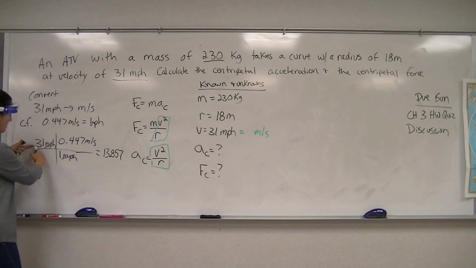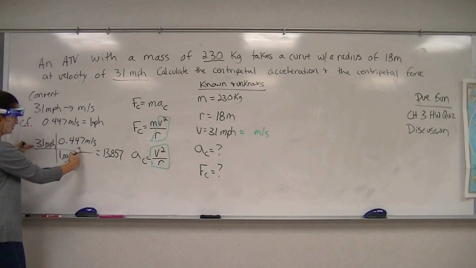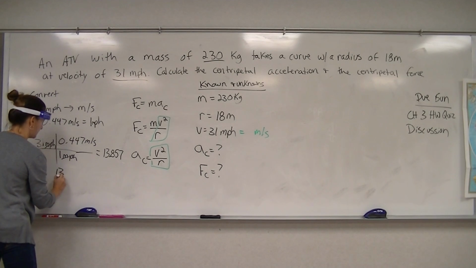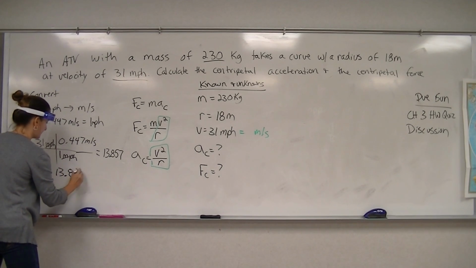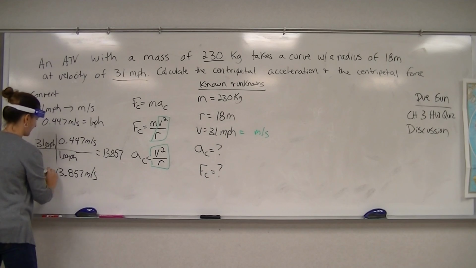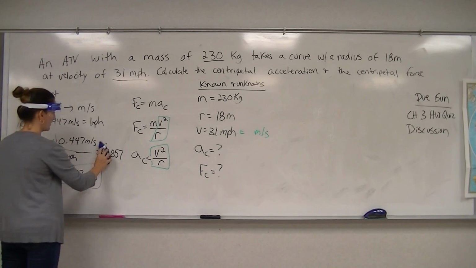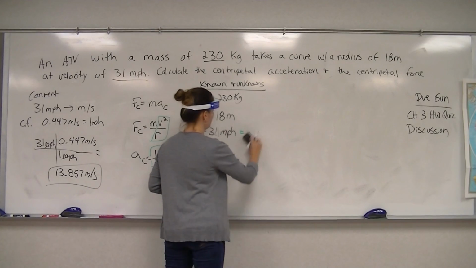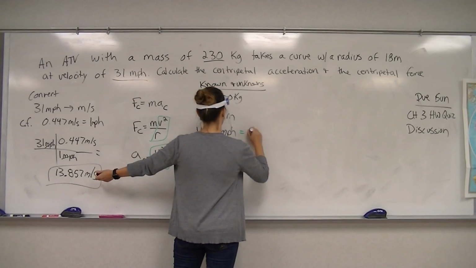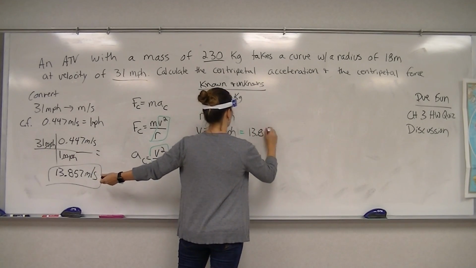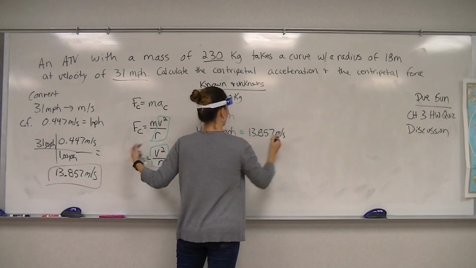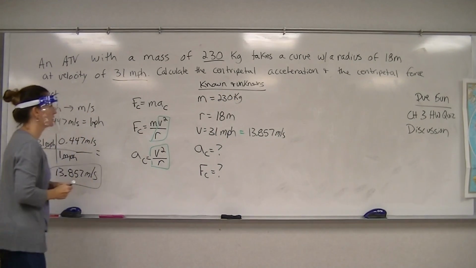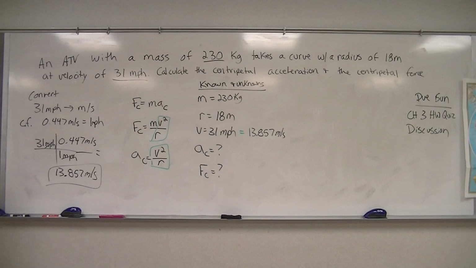What we did was multiply 31 times 0.447. Write it down here so it's not running into stuff. So I didn't worry about sig figs because it's just a number I'm using to solve my problem. It's not my final answer. So let me put that here. Okay. So everything now is in the units I want.